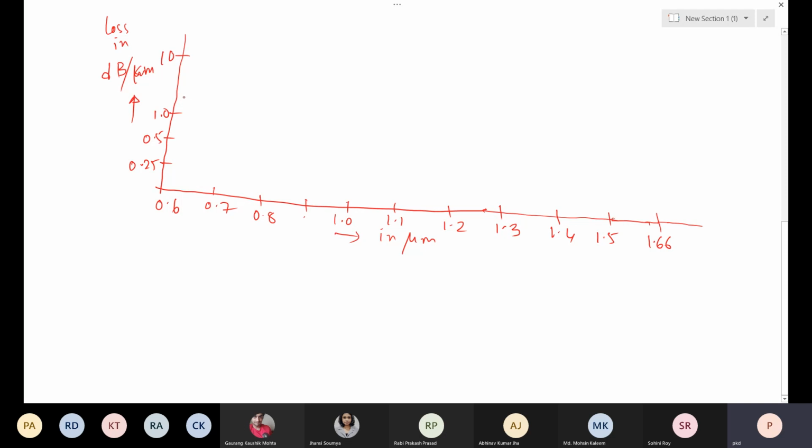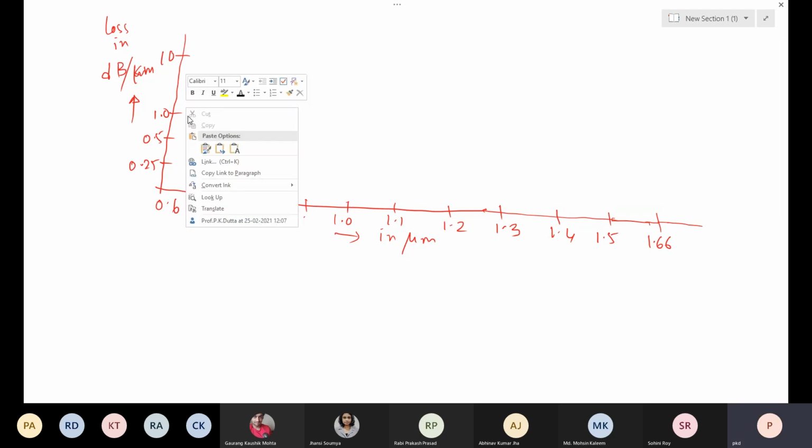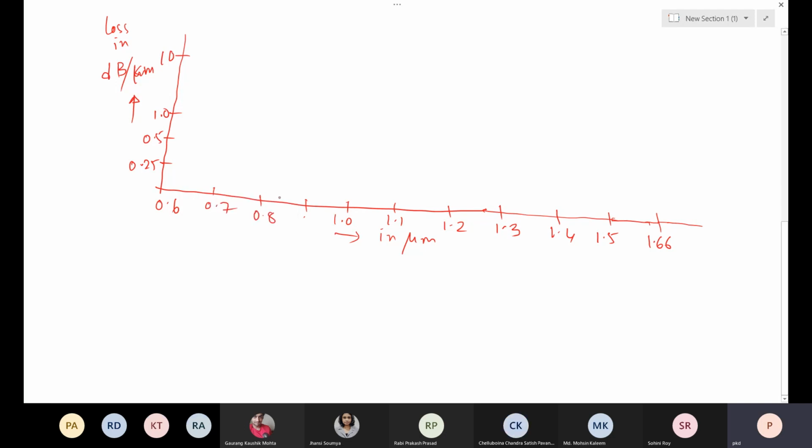Now in the visible zone, silica-based optical fiber has high loss and around 0.83 there is one low loss zone here. Oh, sorry.